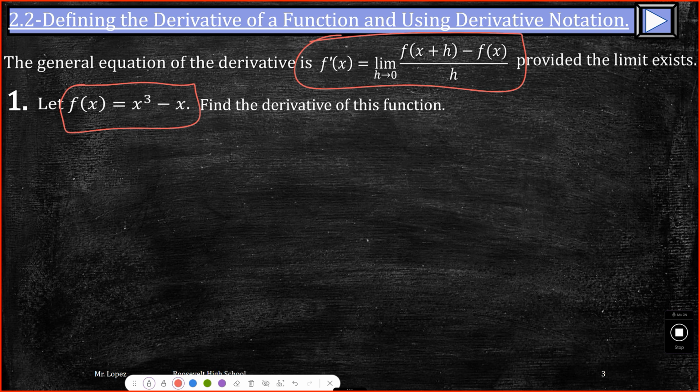Here we go. The problem will always be, and sometimes it's for me too, that algebra is the problem, not calculus. Here we go. Let's do the f prime of x. f prime of x is equal to the limit as h approaches 0.